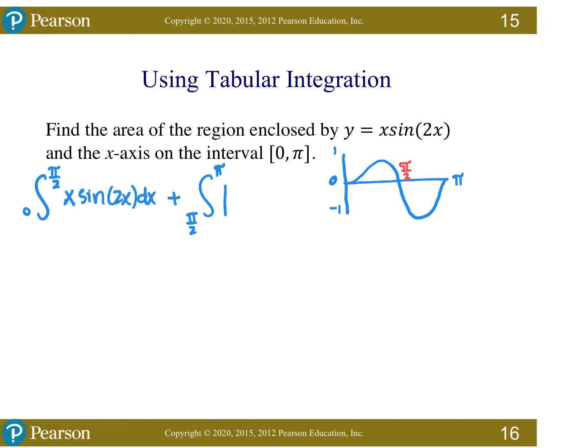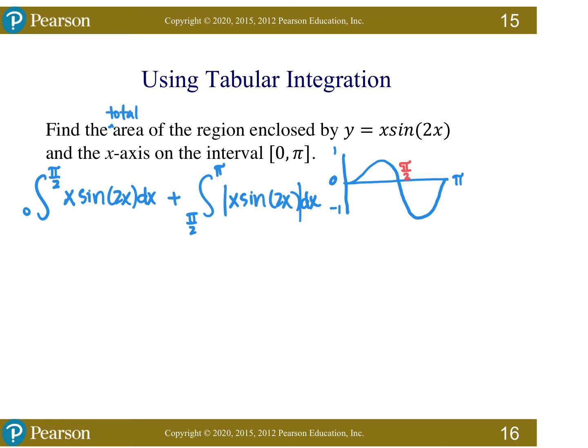And then we need the absolute value of x sine 2x because it's below the x-axis. So we're going to have to consider that to make sure that we get it positive so that we can think about what the total area is. All right, so we're looking for the total area between the two.